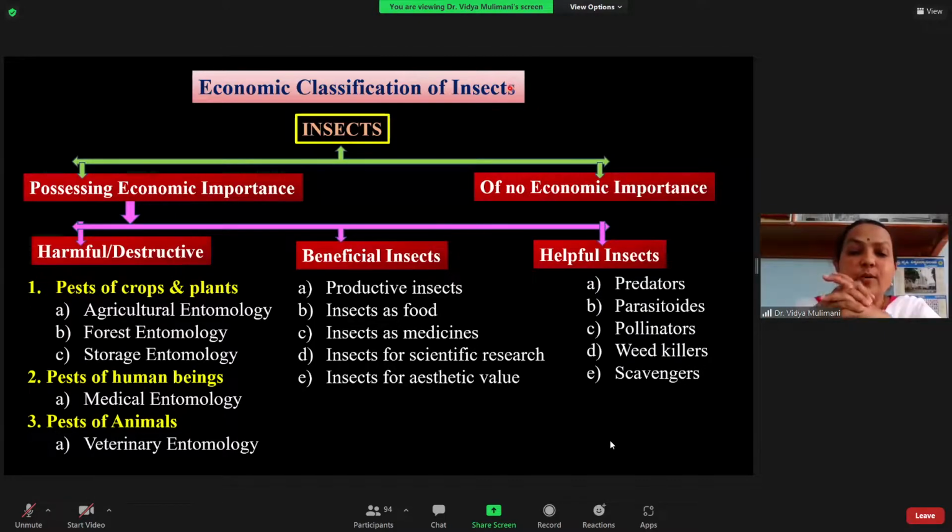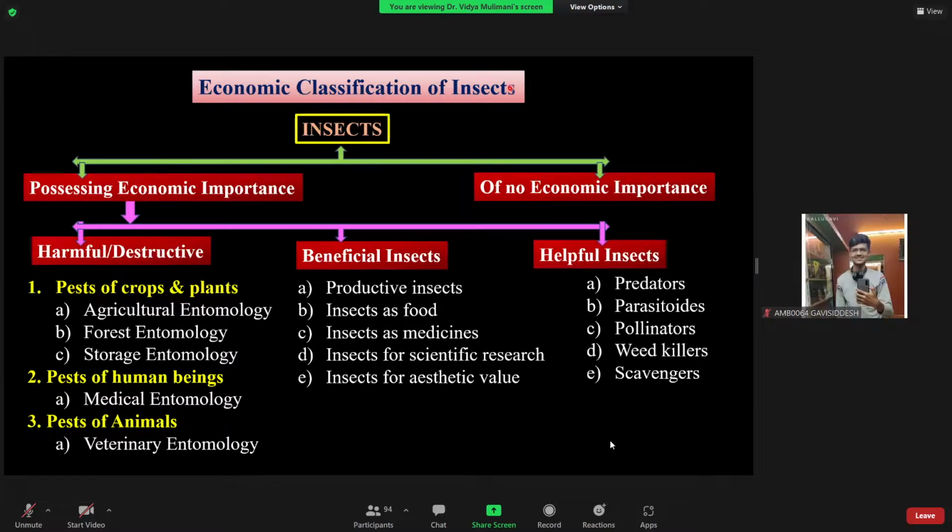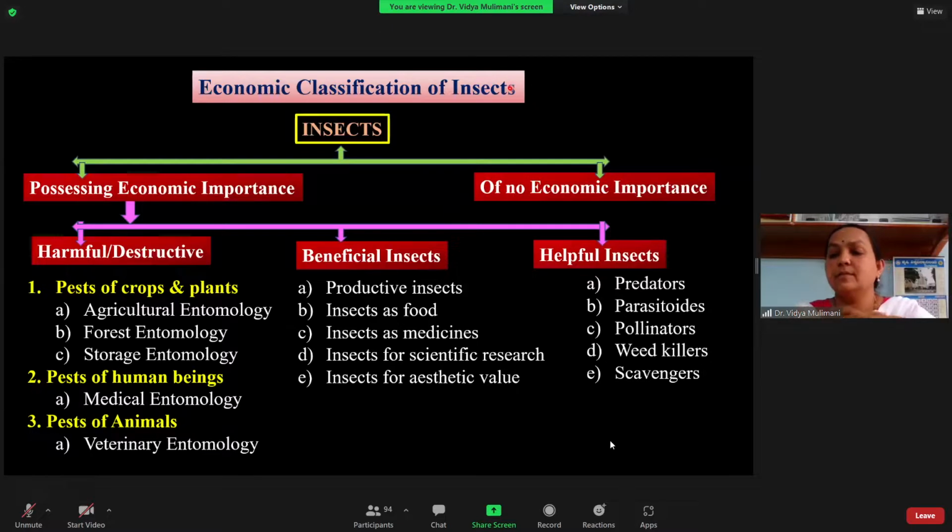Insects as medicine. Take apitherapy, for example. Apitherapy means using venom, and the venom is not only from honeybees; some wasps are also exploited. Research is going on where venom from wasps and bees is used for treating some cancers and other diseases. In India we use honeybees, because the venom is mainly present in the sting, the modified ovipositor.